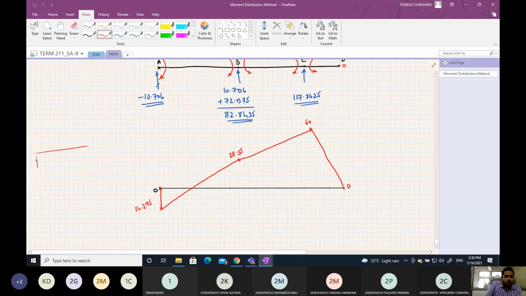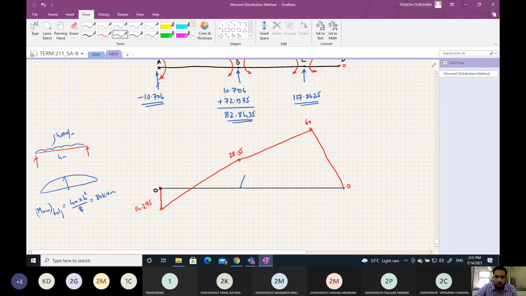For the first segment there is no load, so it will be 0, and the second segment is loaded with UDL of 40 kilonewton per meter. 4 meter is the span, so the maximum bending moment at mid span, Mmax in freely supported condition, will be equal to 40 into 4 square by 8, that is 80. So here it will be 80, parabolic.